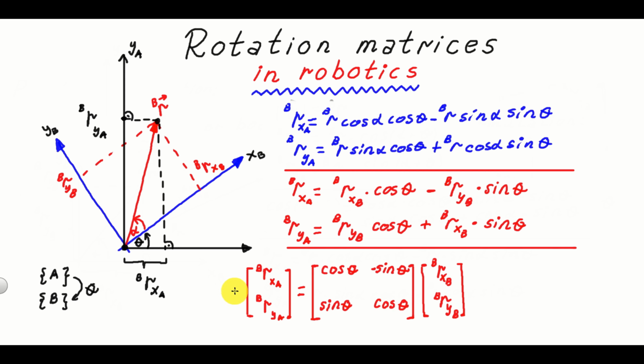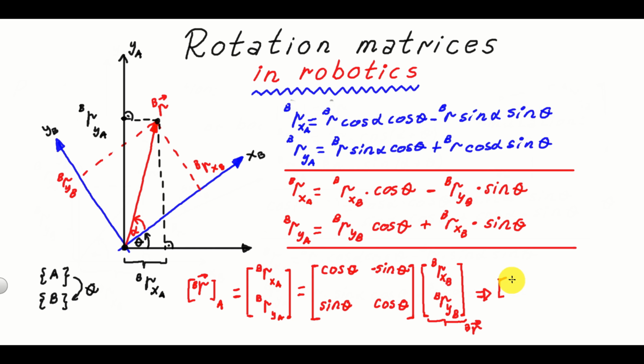And we arrived at our solution. This vector over here can be written like this. This is actually the projection of the vector RB in the coordinate system A. And over here, this term is actually the vector RB, and consequently, this equation can be written as, let's write it down here.